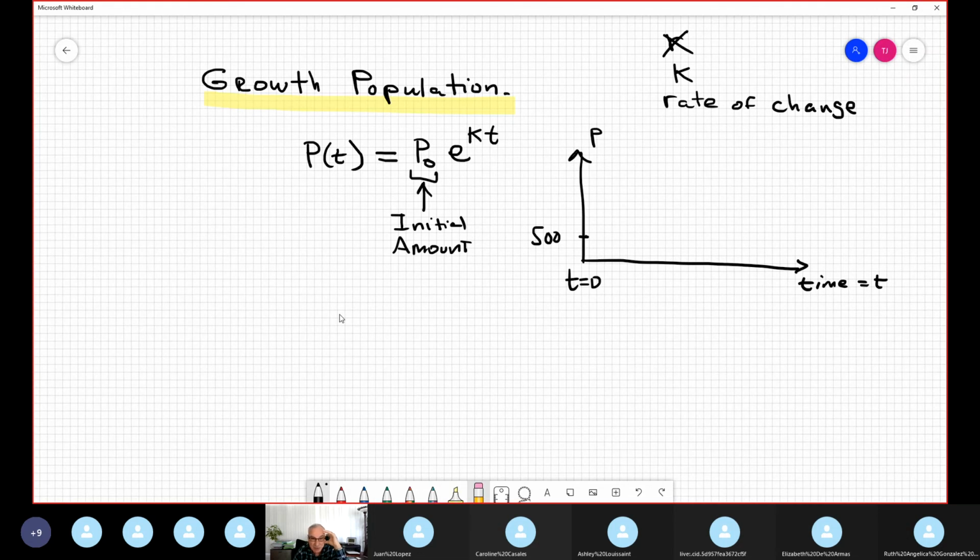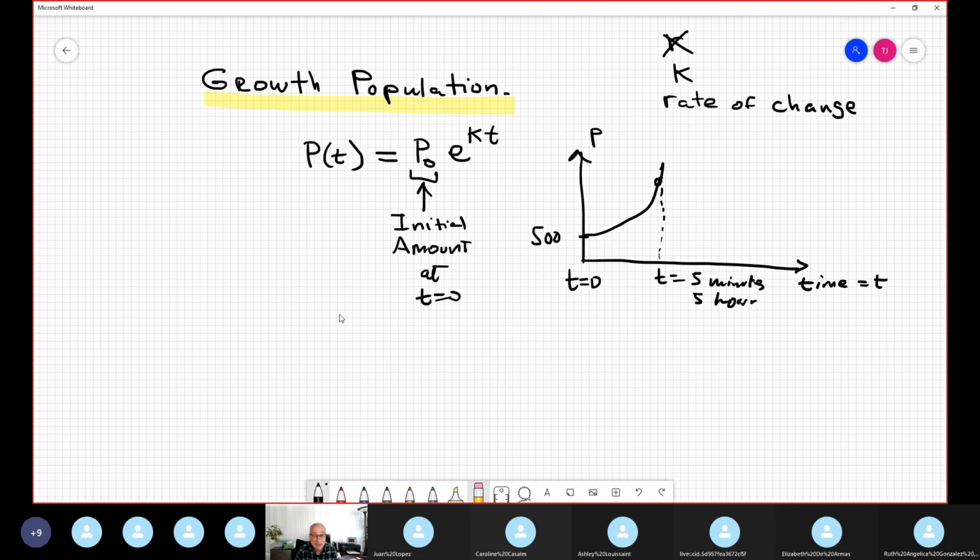This is the initial. P null is initial, and this increases exponentially like that. You need to find how many bacteria we have at T equals maybe 5. But 5 years, 5 minutes, or 5 hours, depending. This is the idea for population growth.